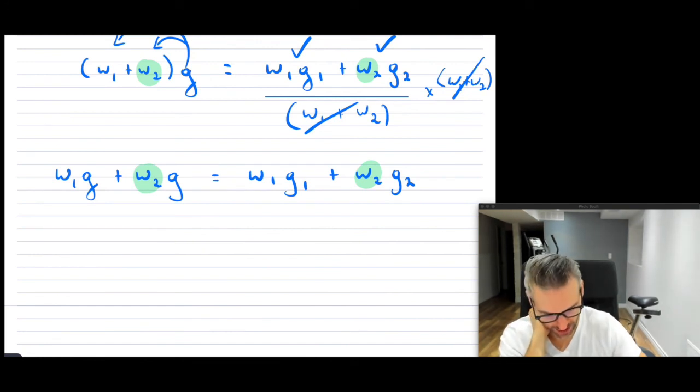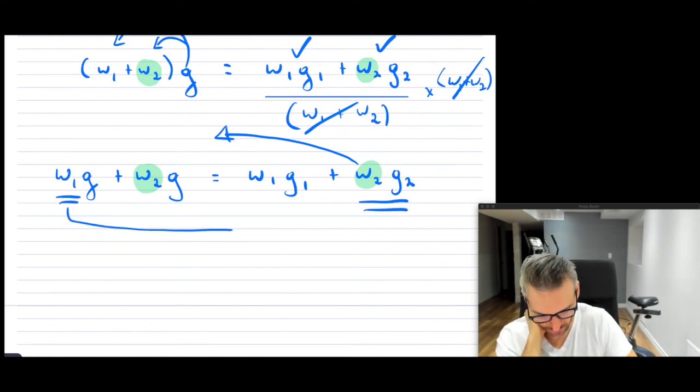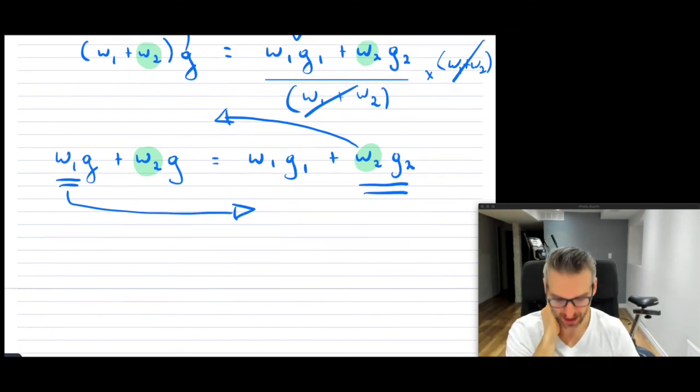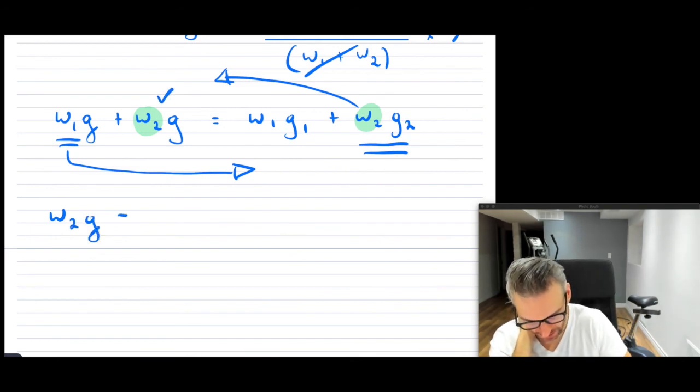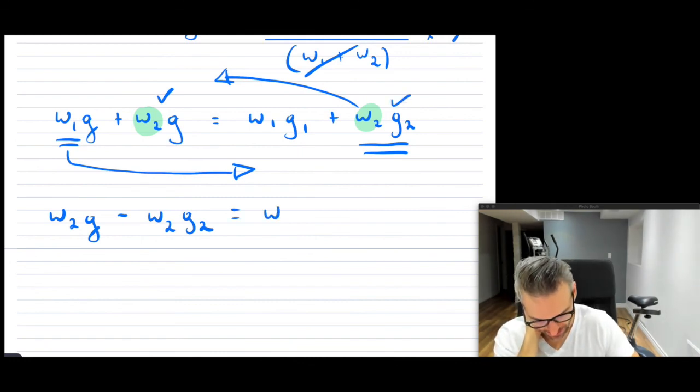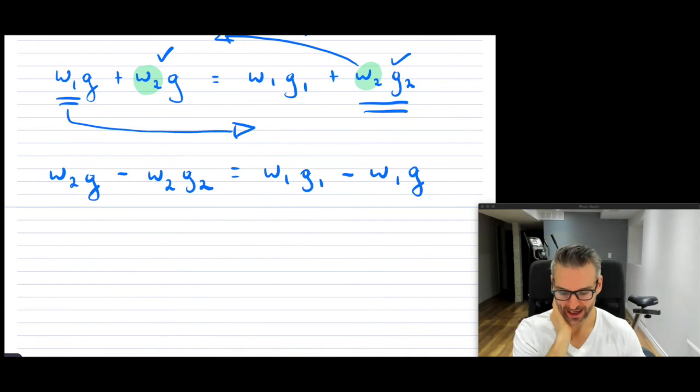So let me bring this term right here over to the left, and we're going to bring this term over to the right, because we want to be able to group those together. So that's going to leave me W2G, so that's right here, minus W2G2, so that's this term, and then W1G1 minus W1G. All right, so that's that.